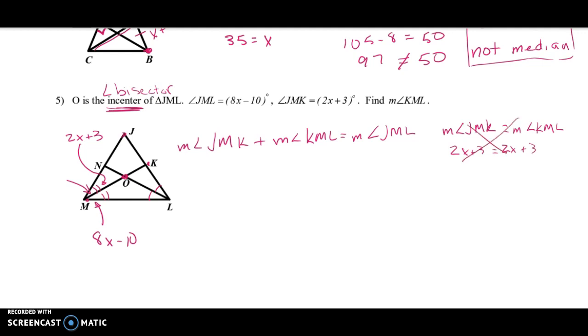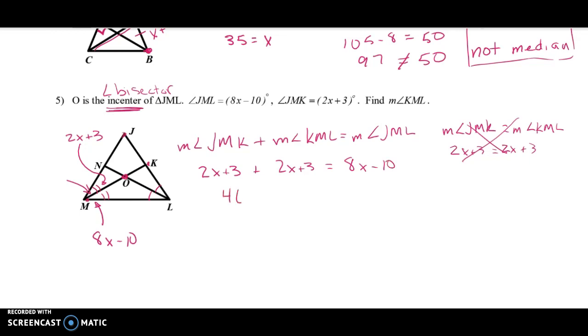Okay, so let's go to the other relationship. The two pieces make the big one. JMK is 2x plus 3. KML is the same thing as JMK. So angle KML is 2x plus 3. And that equals the whole 8x minus 10.